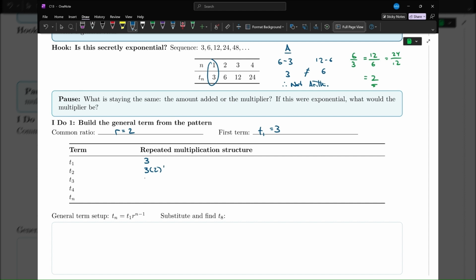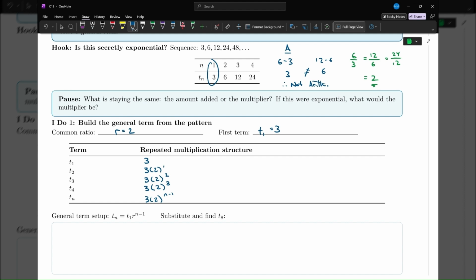Term 3 is that first term times 2 twice, so 2 jumps of 2. My fourth term is 3 times my common ratio 3 times. If I generalize this, I'm just multiplying by my ratio n minus 1 times. So 3 times 2 to the n minus 1 would be my repeated multiplication structure.